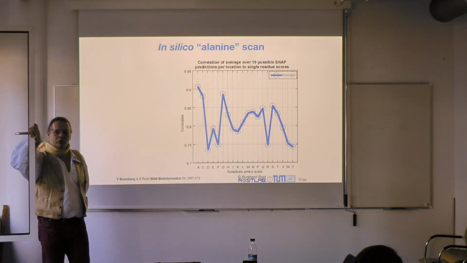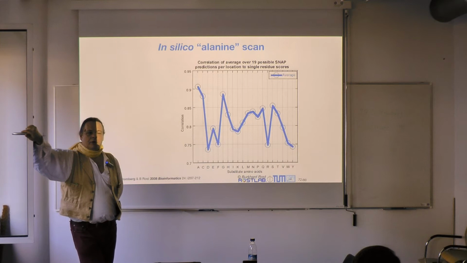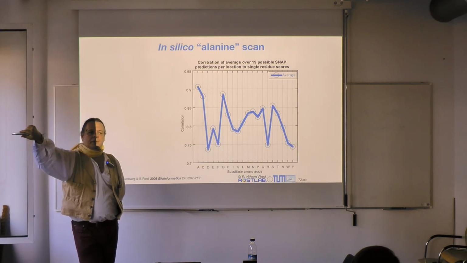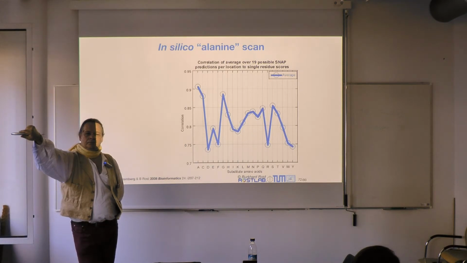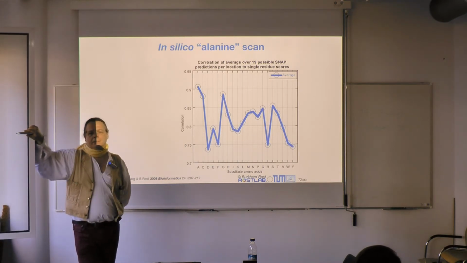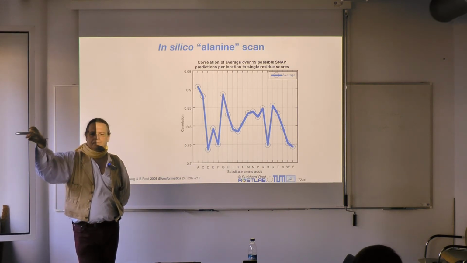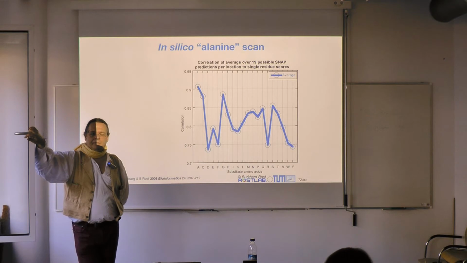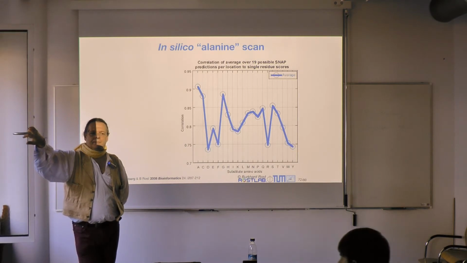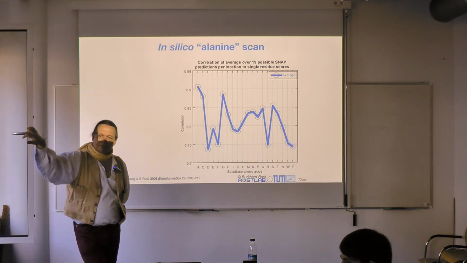The mutation to alanine is predicted to correlate most with a mutation to anything. What do you know about mutation to alanine? What do you know about alanine? Or glycine, yeah?